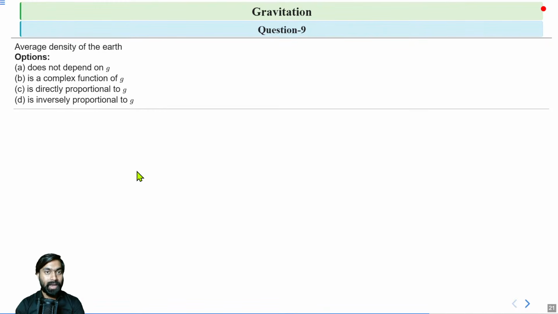Here you have to find out the relation between average density of the earth and g. Okay, anyone?